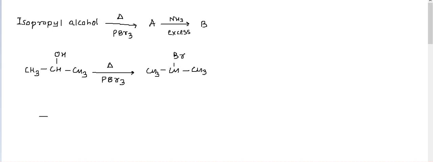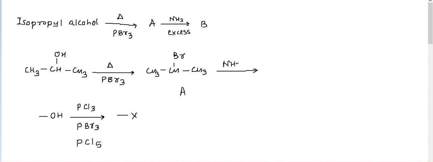Always remember, we can convert OH to halogen with the help of PCl3, PBr3 and PCl5. So we can convert OH to Cl or Br respectively. So we have got this compound A. Now when it is treated with ammonia in excess, this Br will easily get replaced by NH2.